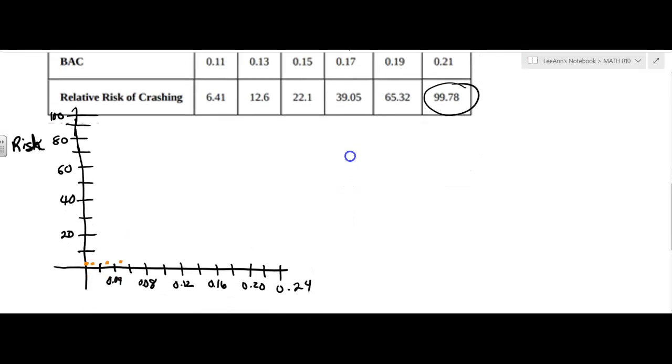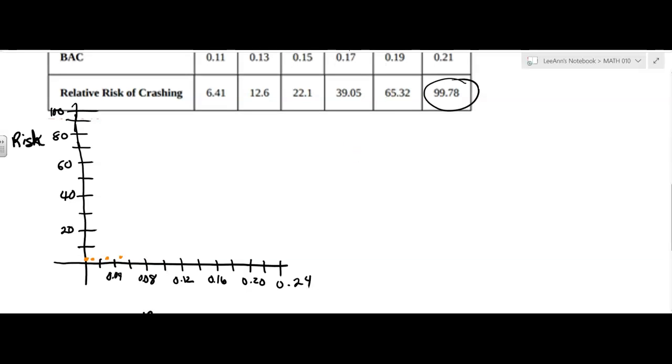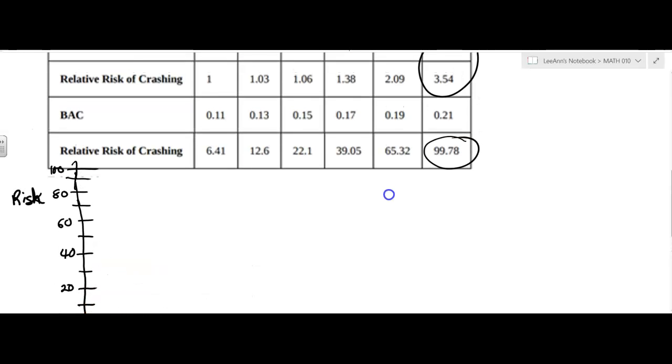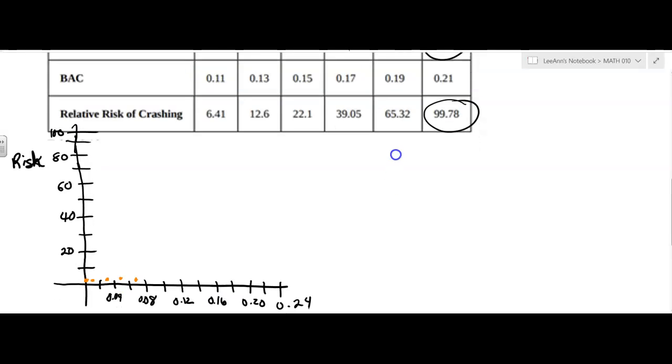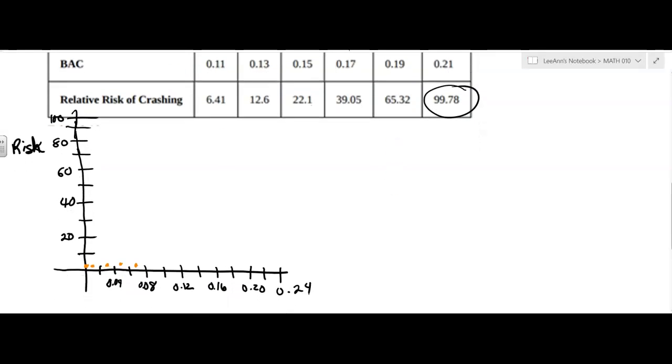Then 0.07 is 2.09. So 0.07, we're not even a third of the way to 10. All right. And now we are at 0.09, 3.5. So 0.09 is going to be maybe there. All right, now I'm to this point where it's 0.11 and it's jumping up to 6. Okay, so we're over halfway to our first tally mark now.